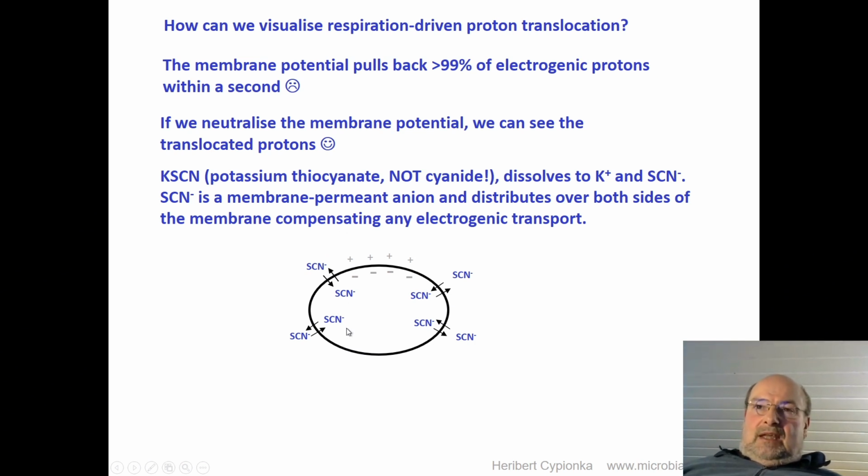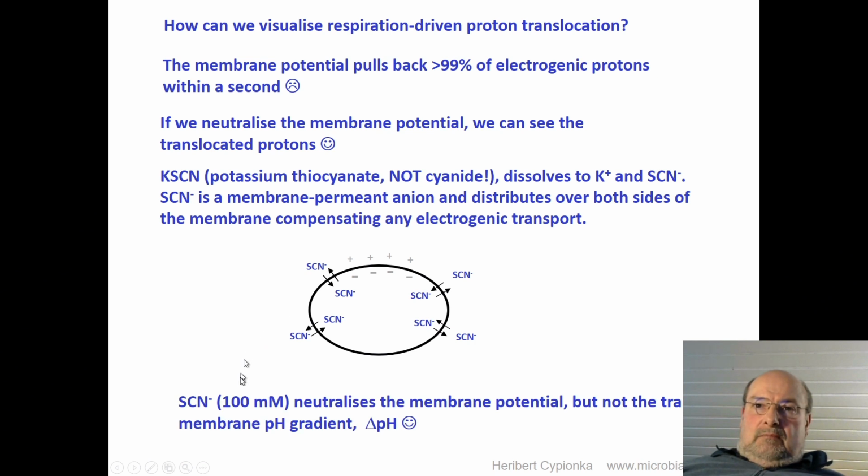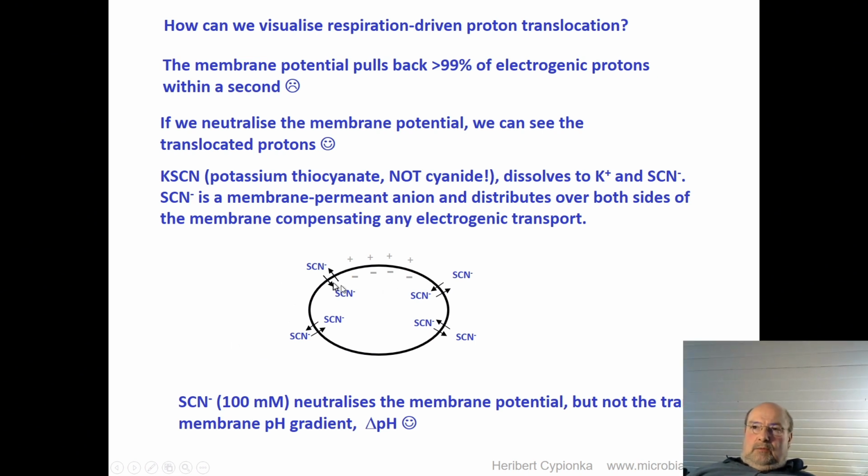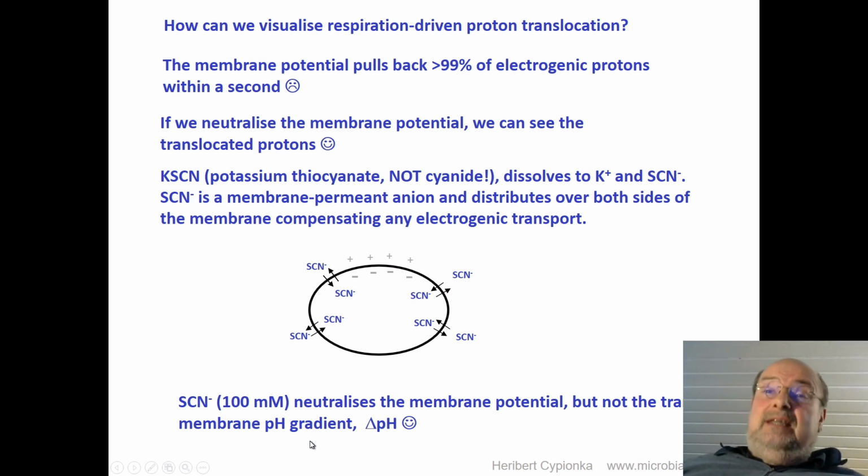And we add up to 100 millimolar, so quite a lot of this thiocyanate. And we wait for some time, and then it has distributed over the membrane, inside and outside. Now, if any electrogenic thing occurs, some SCN minus ions will migrate over the membrane and compensate that. That means the membrane potential is not there anymore, but the delta pH, the pH gradient, is still there.